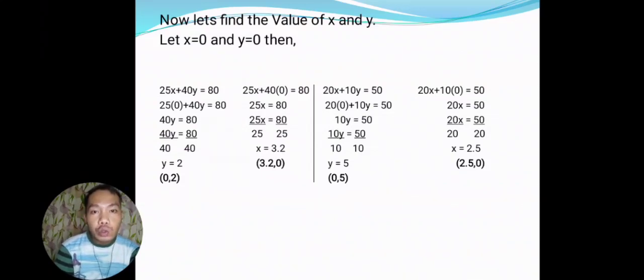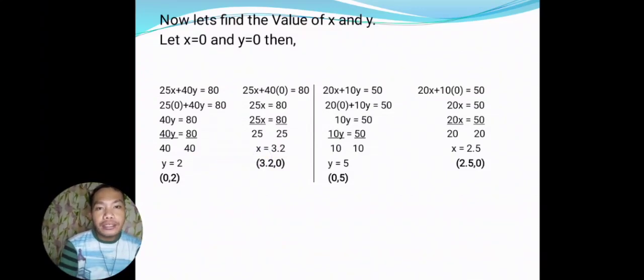So the result would be x is equal to 3.2. So our point here would be (3.2, 0). So those are the first two coordinates of our first constraint.